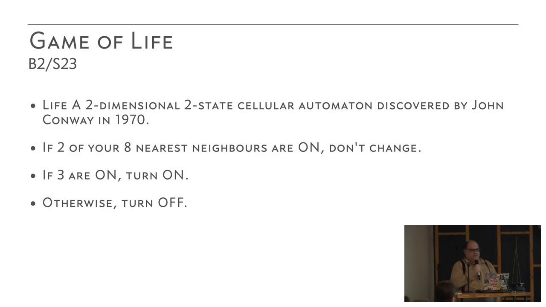There could have been a few reasons for that, but basically we have this B2S23, which is a notation of the cellular automata to either be created, or born, or survive, meaning for each cell, you have the adjacent cells, and the adjacent ones are one distance away.